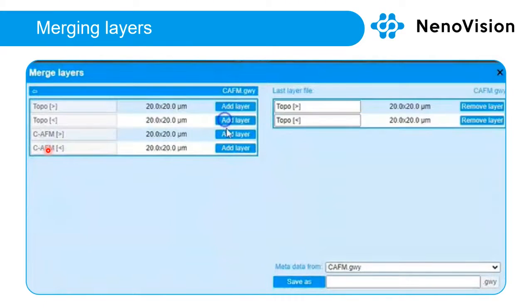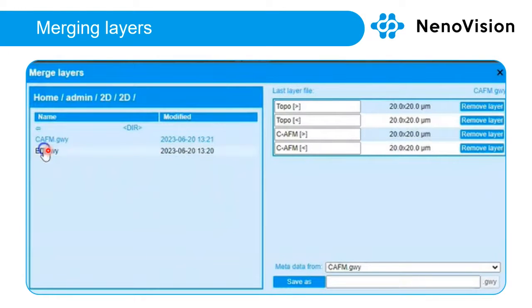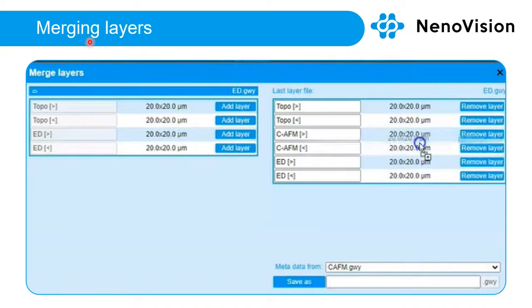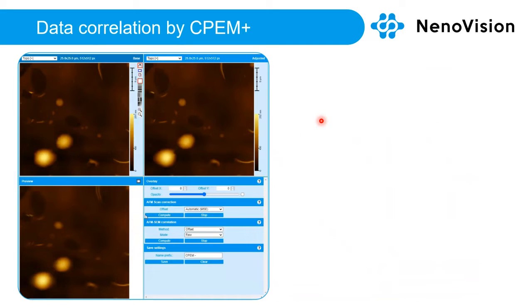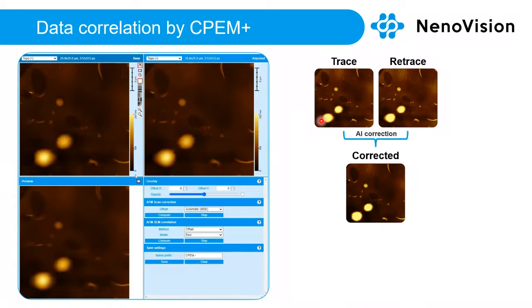Then when we need to measure several times with different probes, we need to merge the layers together. So we have a merging layer functionality, with which we can connect the data together and save the file. Afterwards, we correlate the data by the function CPEM+.